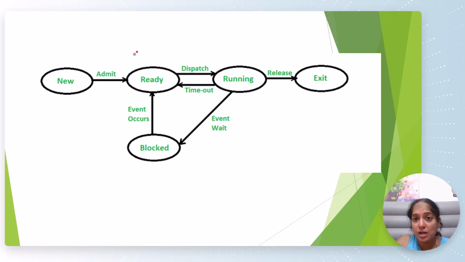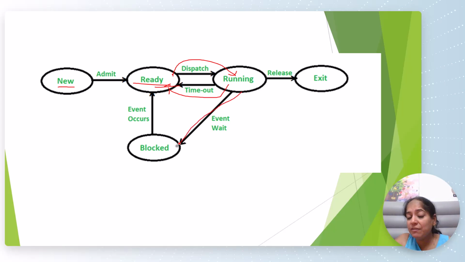So this is the flow chart for the process states, the life cycle of a process. If you see, a new process is created. Once it gets all the resources, it enters the ready queue. From the ready queue, when the CPU gets free or this process gets its turn, it is dispatched to the running state. If it times out, for example in round robin scheduling, which we will talk about, it comes back to the ready state.